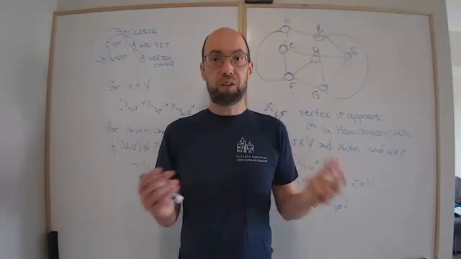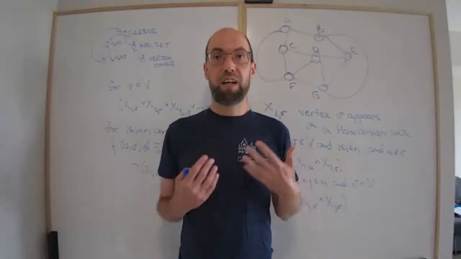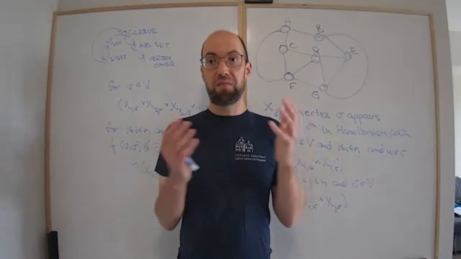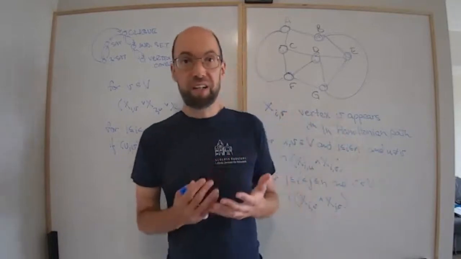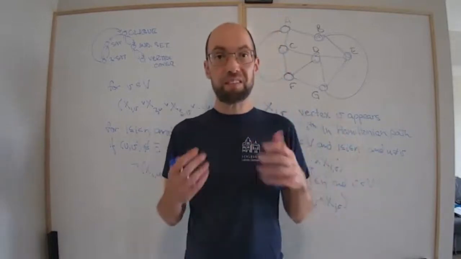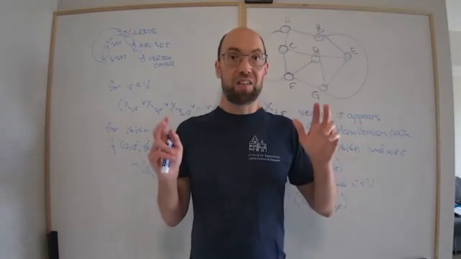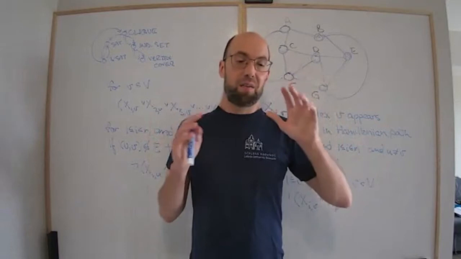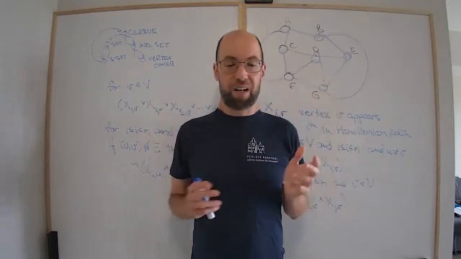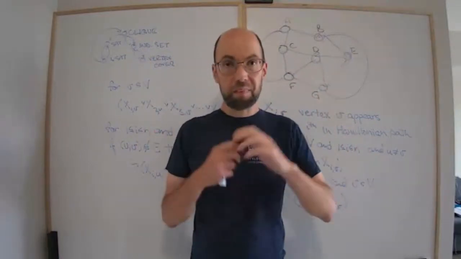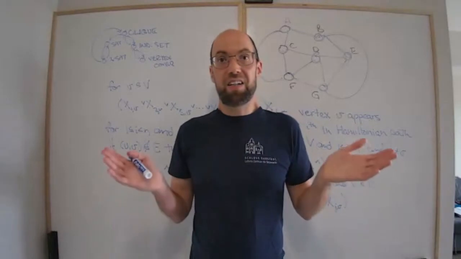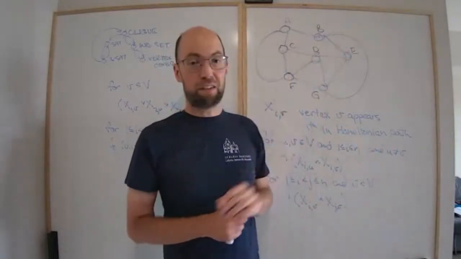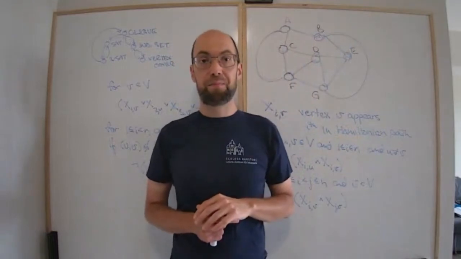So it's polynomial. So given a graph, I can write a formula that is satisfiable if and only if the graph actually has a Hamiltonian path.